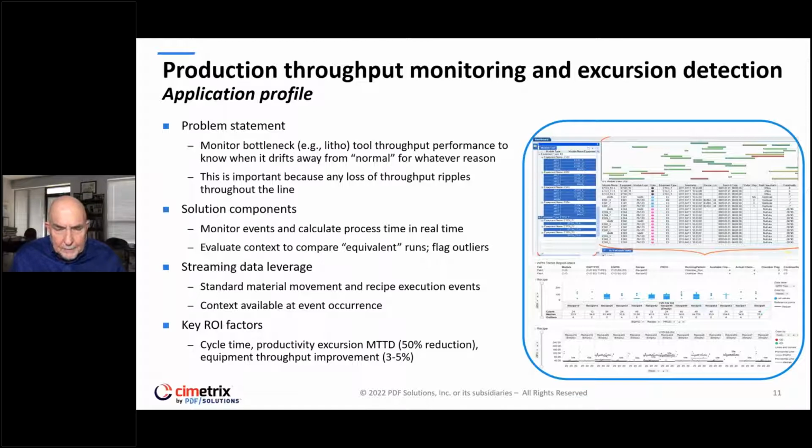Again, we've worked with a number of fabs that have said they believe they regularly leave 3 to 5% throughput kind of on the table just by not optimizing how lots are released and scheduled to the equipment, by not adjusting the tools properly and optimizing recipes. But you can also lose that very quickly if something degrades.